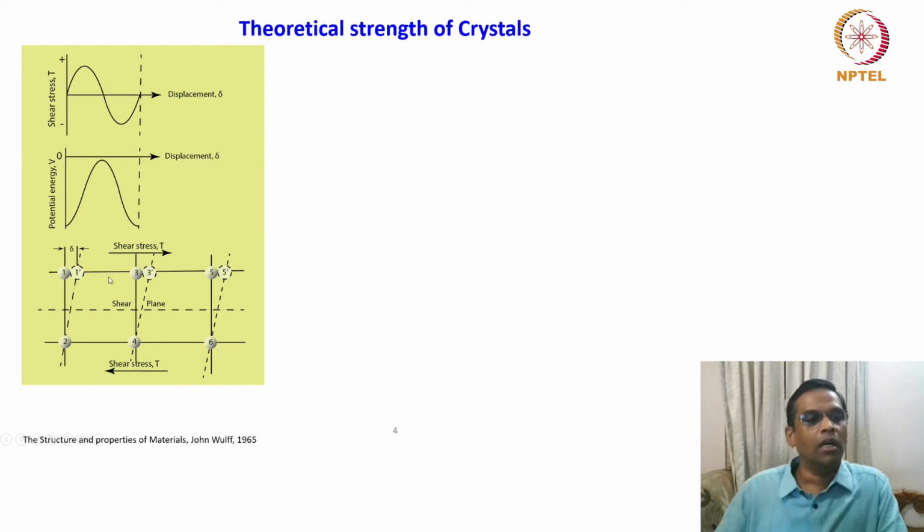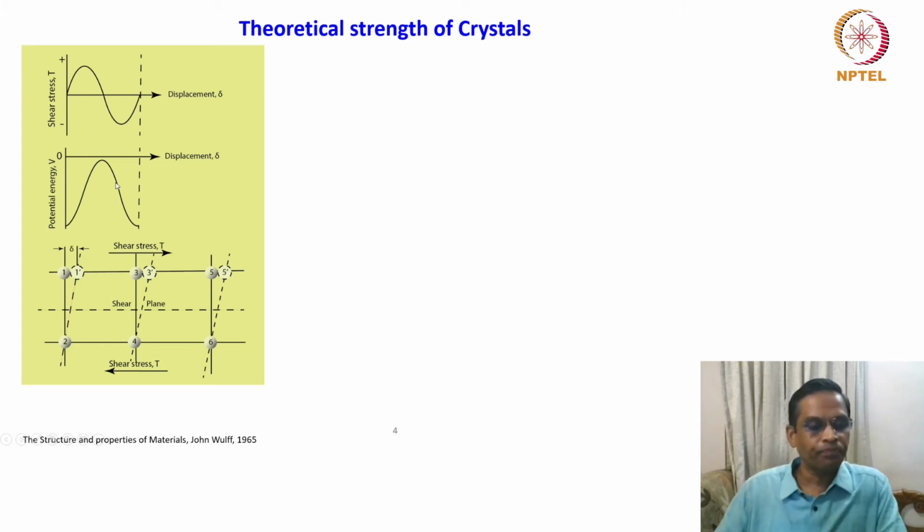If the displacement, the shear stress applied, is good enough to pull this 1 prime atom to the next position, above 4, then the 1 prime atom will have new nearest neighbors. It may restore the original position locally, but ultimately that will result in a slip. The crystal will slip because this will move here, this will move here, and this will move here, like that.